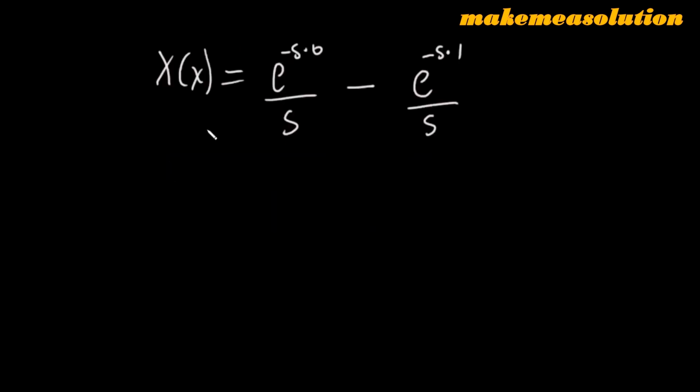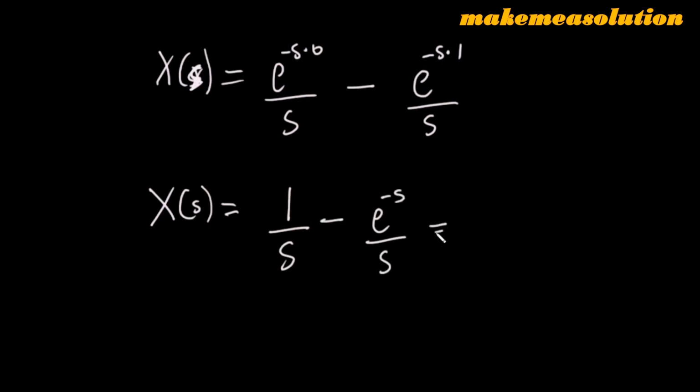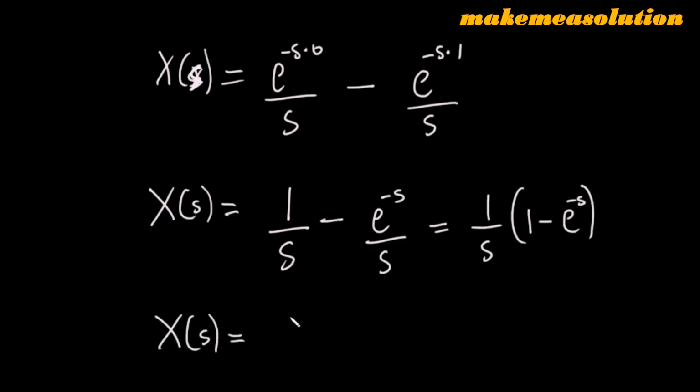So this simply leads us to capital X of s equal to exponential minus s times 0, which is 0, and exponential 0 is 1, all over s, minus exponential minus s times 1, which is exponential minus s, all over s. So when you factor out 1 over s, you get 1 over s bracket 1 minus exponential minus s. So the Laplace transform of our unit pulse signal is 1 over s bracket 1 minus exponential minus s.